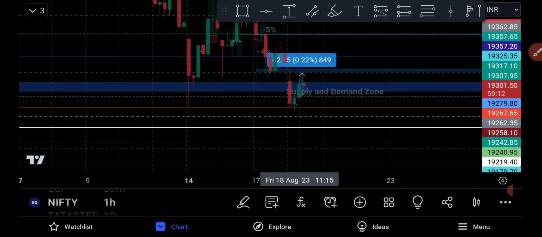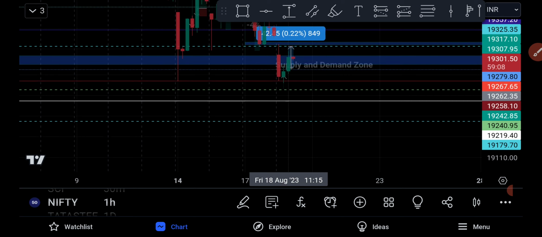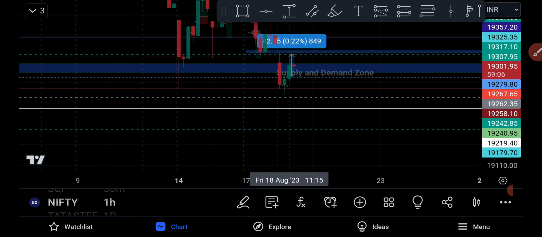If this breaks, then the market could go all the way to the 19,000 level, which the big players won't let happen. So they will push hard for the level.